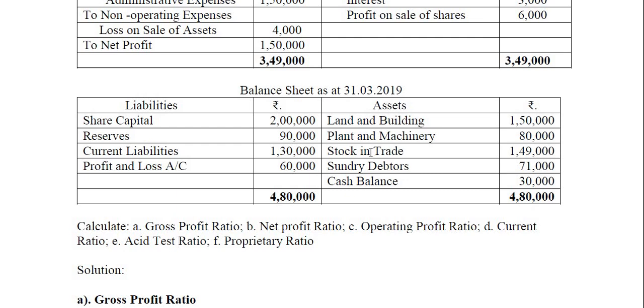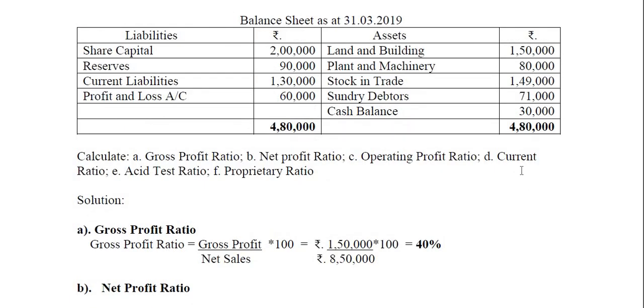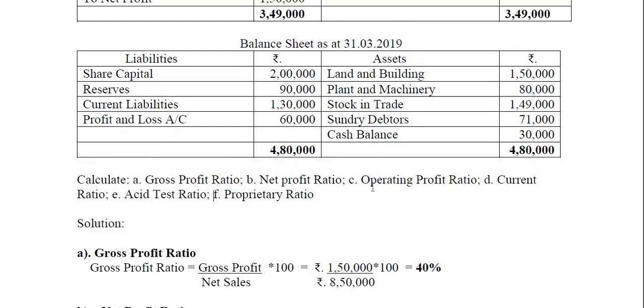Here prepaid expenses are not there, so from current assets you have to exclude stock in trade. Then quick liabilities are as good as current liabilities, 1,30,000. Asset test ratio is nothing but quick assets to quick liabilities, as I explained.